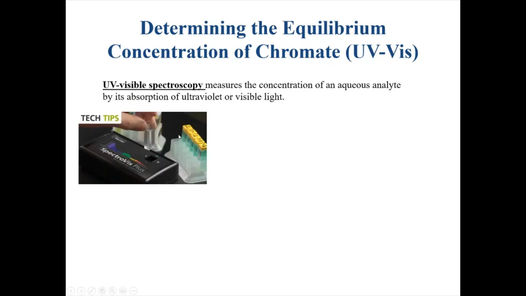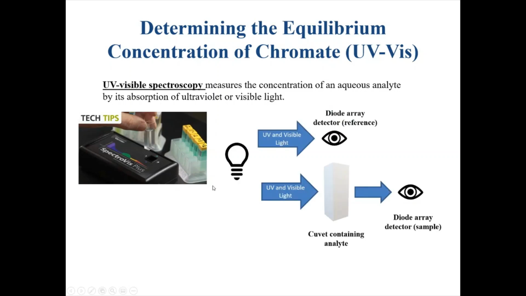The instrument that we use in lab, this is a picture of it. This is the SpectroVis Plus, and this is a plastic cuvette which holds our sample. This cuvette is just a nice clear plastic container, a square container in this case, where we can shine light through it and measure the absorbance of our sample.